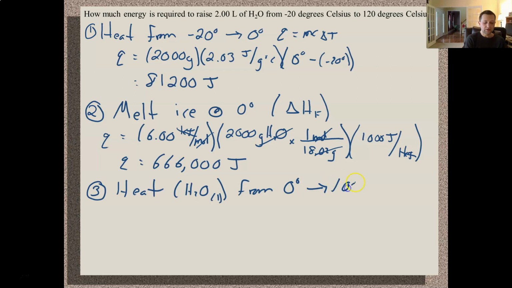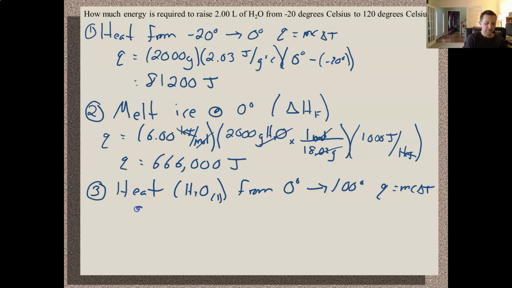So that is 100 degrees. I know I have to at least go to there because I need to get this to 120. So we have to go through another phase change here to make that happen. Anytime we have a delta T, so we're in that big middle part of the heating curve from the previous slide, we have to use Q equals MC delta T.